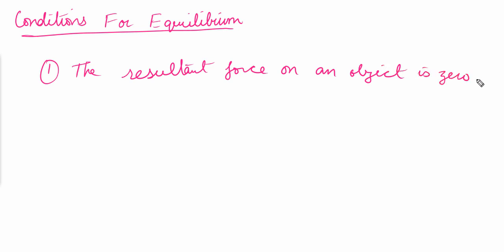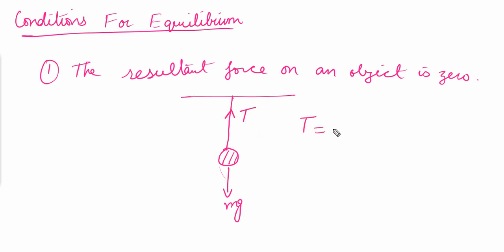For example, if we have an object hanging vertically downwards, with this being the ceiling, the object is attached by a string to the ceiling. The weight of the object is acting vertically downwards, but the tension in the string is pulling it vertically upwards. So in this case, the tension is equal to the weight, and the resultant force on this object is 0. Hence the object will be considered to be in a state of equilibrium.